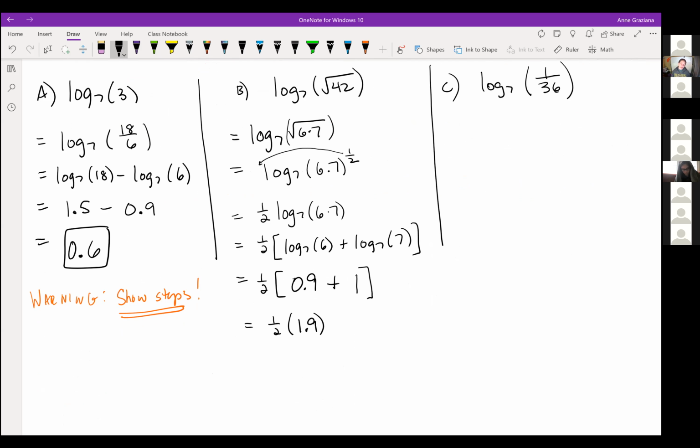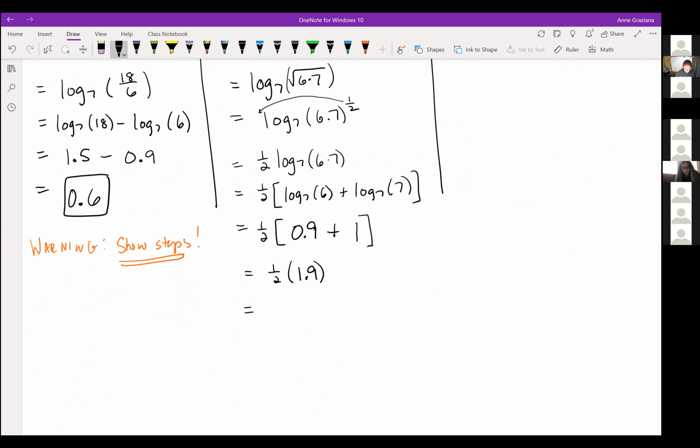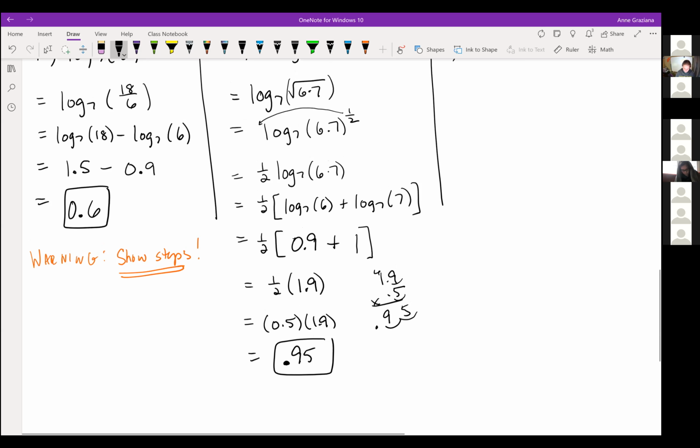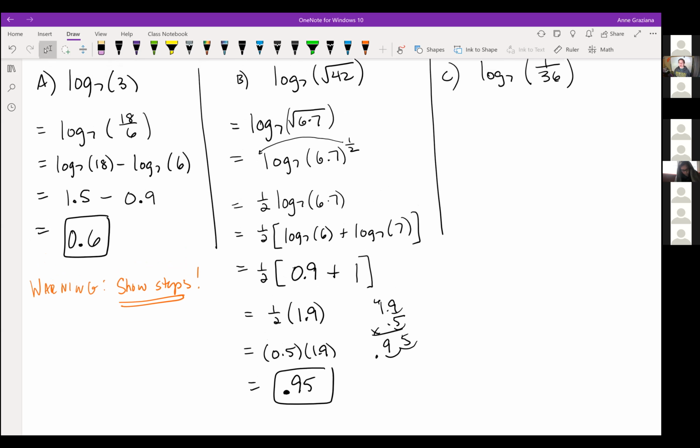Now, the easiest way to do this is just make everything a decimal. So it's 0.5 times 1.9. And 5 times 1 plus 4 is 9. I have 2 places. This is 0.95. Okay, any questions on that?